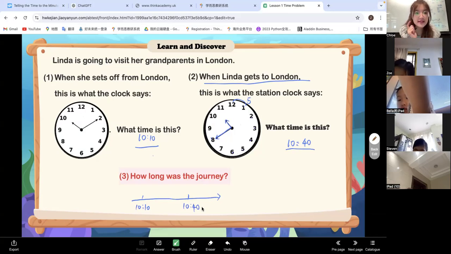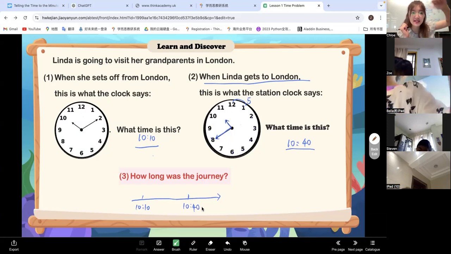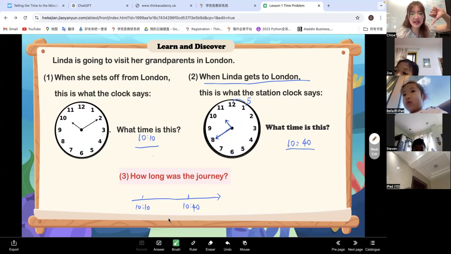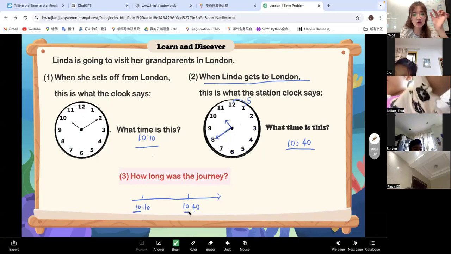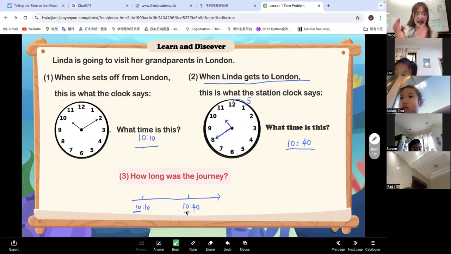Everyone, take a look. Do we need to do any calculation for the hour? Yes or no? Show me. No, because we can see the hour didn't change, right? It's still the hour is always 10. So we don't need to change the hour. And for the minute, we can see the minute has changed.